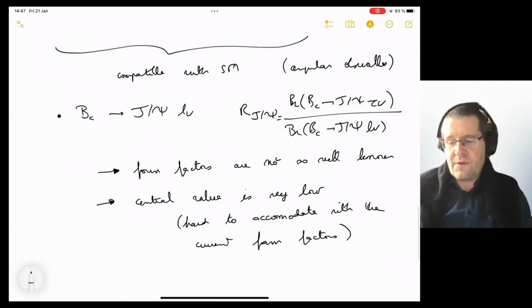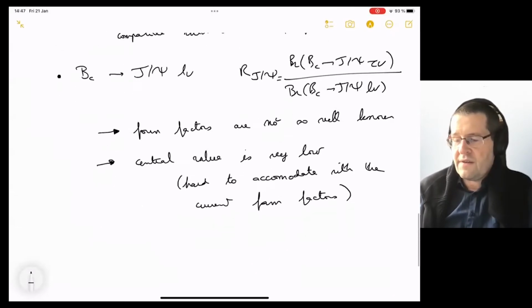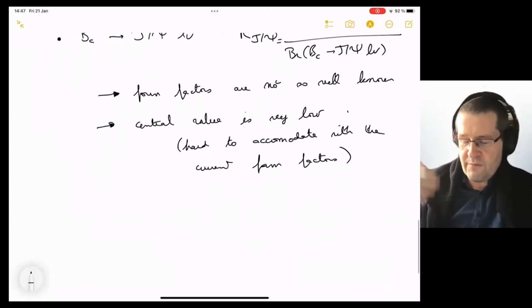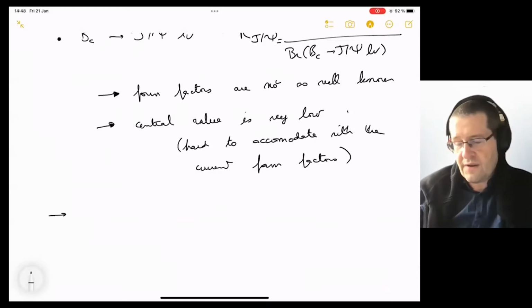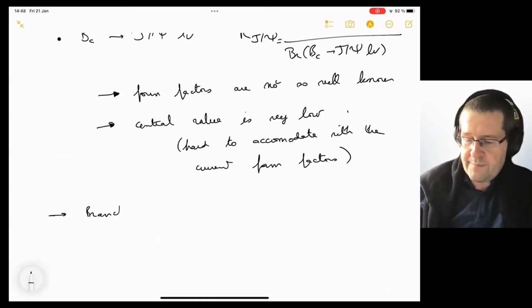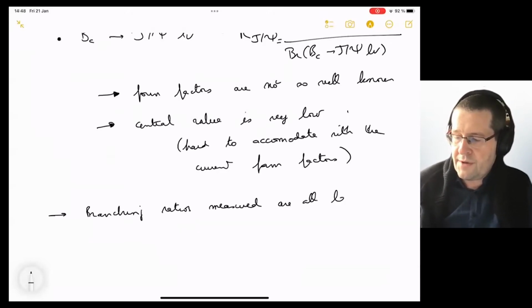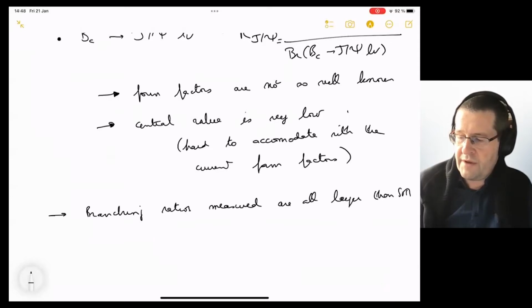The point is that the central value is actually quite low. Even though the uncertainties are quite large, the interesting point is that you will find a similar trend in all the cases concerning the branching ratios. The branching ratios measured are all larger than the standard model expectations.